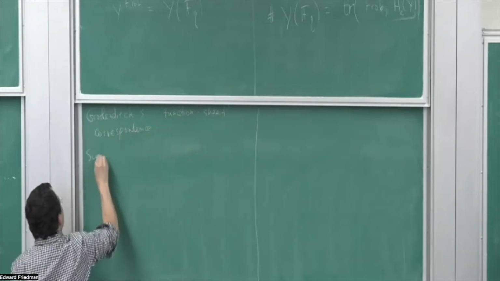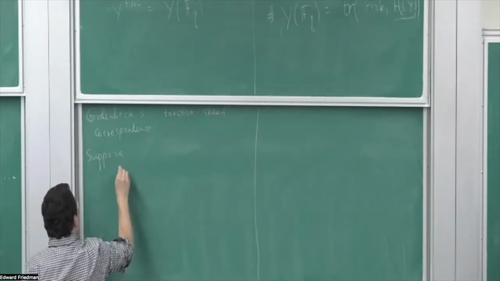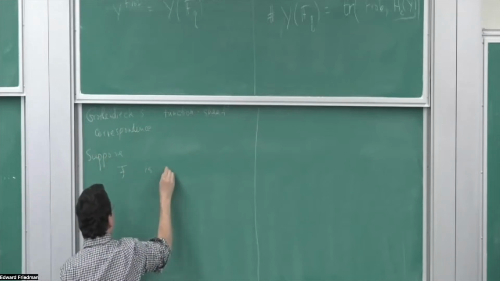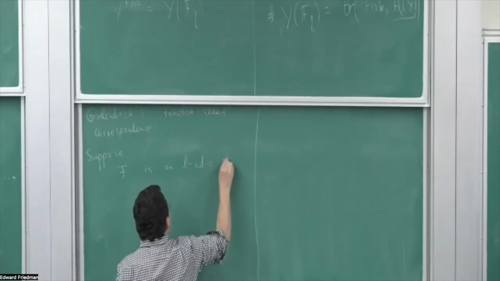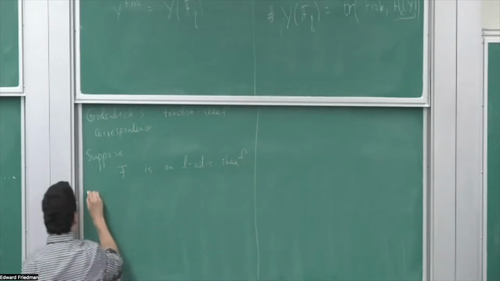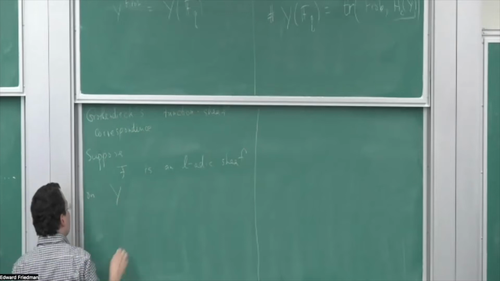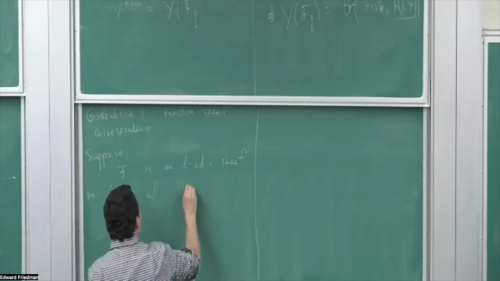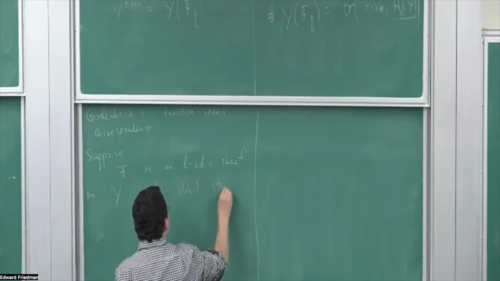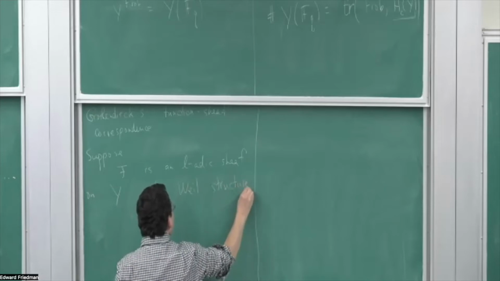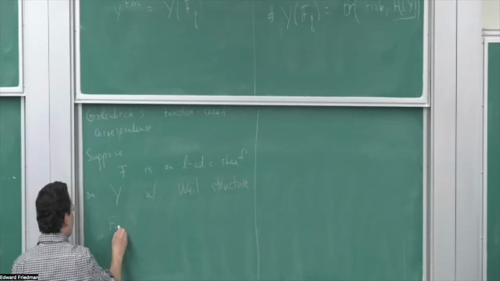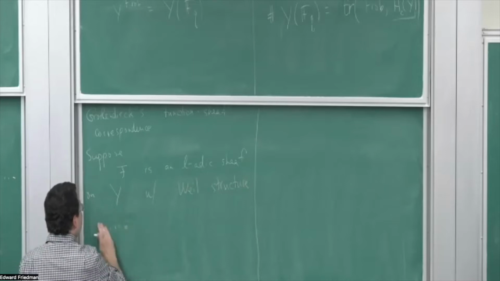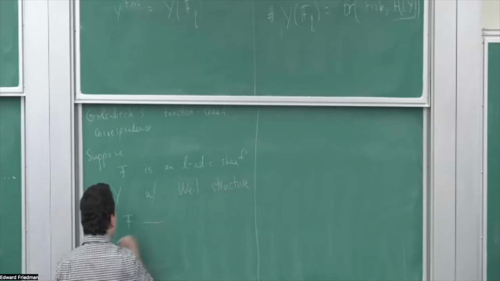Suppose we have a sheaf on the algebraic closure, with this Frobenius structure. So what this means is that there's this Frobenius map, and I want a comparison.